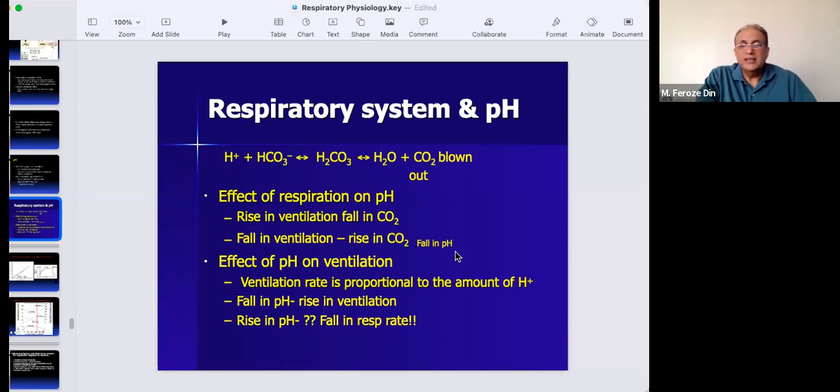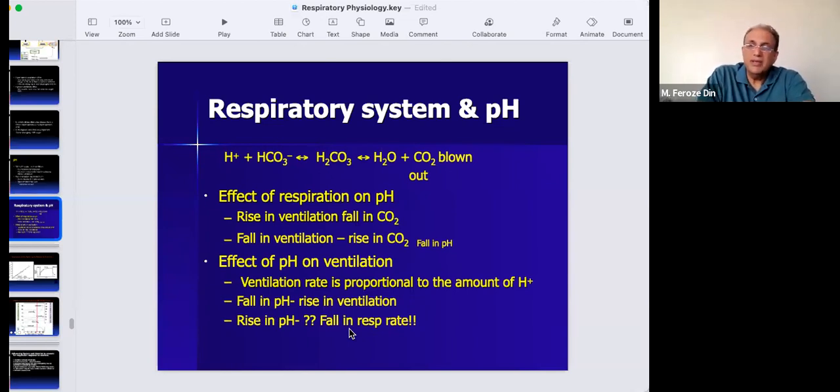We've already looked at this in the previous slide, but the effect of pH on ventilation is that if the pH falls, there's a rise in ventilation. And the rise in ventilation then helps in blowing out that extra acid, which may be causing the fall in pH. The converse, my friends, you have to be very careful. A rise in pH will not cause a fall in respiratory rate to any extent where the oxygen delivery may be compromised.